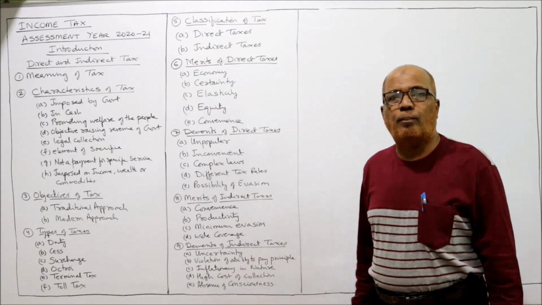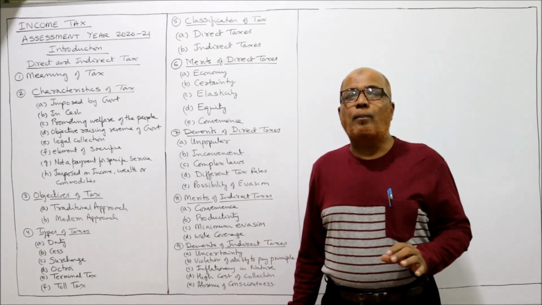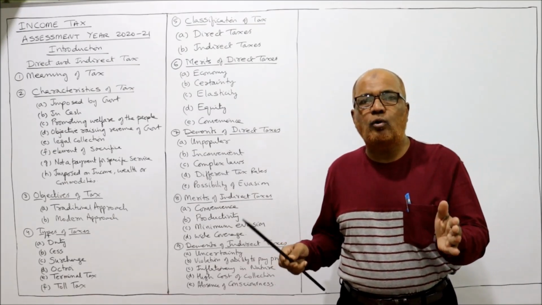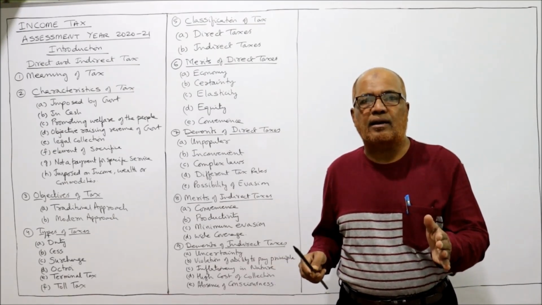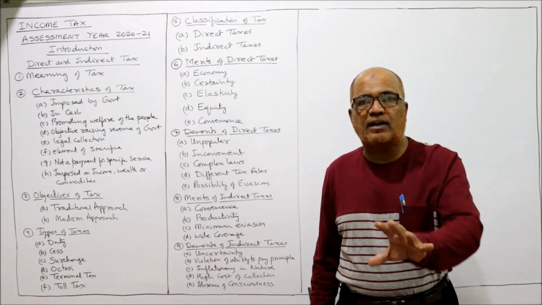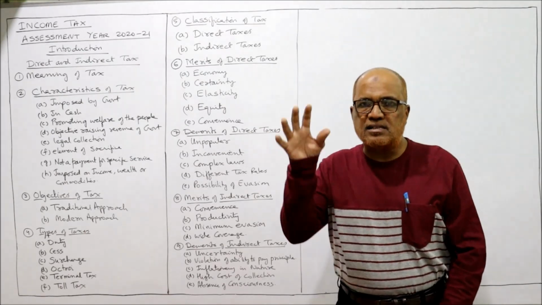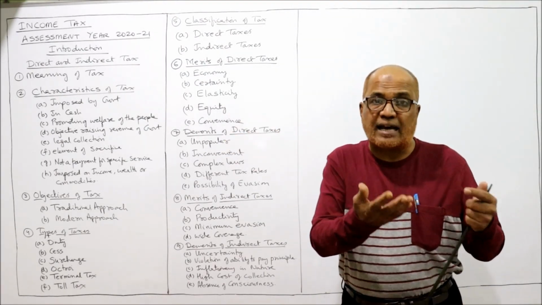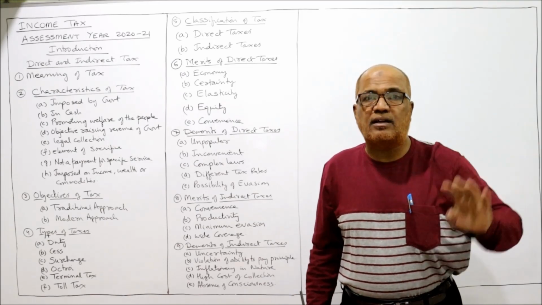First one, unpopular. When we compare popularity, the direct taxes are unpopular because only a few people know about direct tax. There is a direct pinch of payment on the part of the taxpayer. When a tax is applied on Mr. X, he already knows that he is sacrificing some money, he is paying the tax.